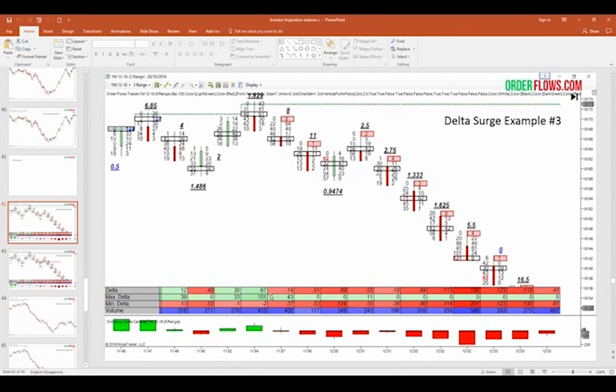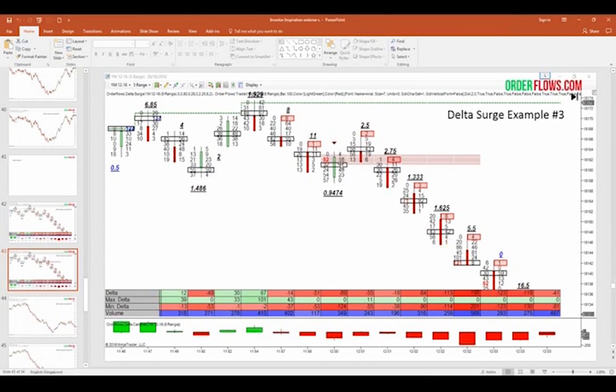Well, if you read the delta, 1451.89, you have the delta surge giving you a sign that, even though it's a green bar, sellers are in control of this market at this time. Again, if you're getting short here, you're taking a few ticks of heat, but are you willing to take 4 or 5 ticks of heat to catch this move?